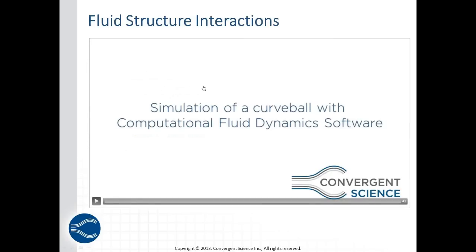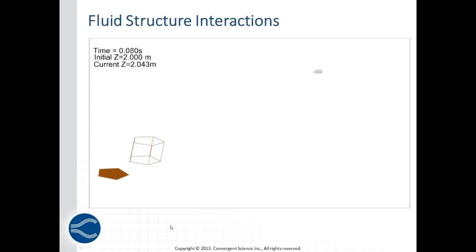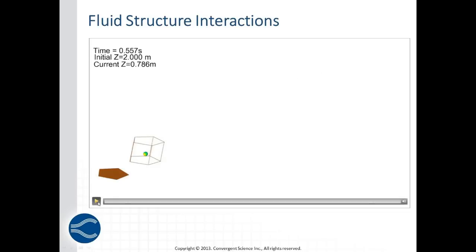Let me show you a video now as we move a little bit away from combustion, talking about fluid structure interactions. It's kind of a fun video since the baseball season just ended. We have to tip our hats to the Red Sox, but here's an example of a spinning ball, and you may have seen these spinning ball simulations before. The difference here, though, is we're doing a couple of things that are different.